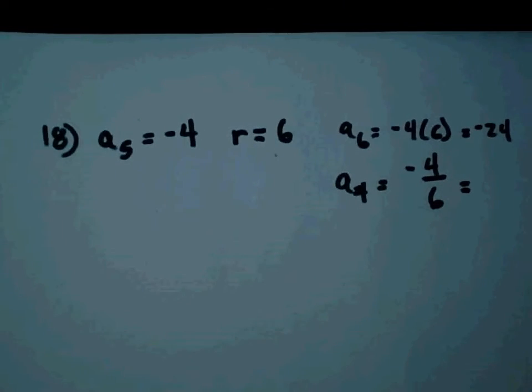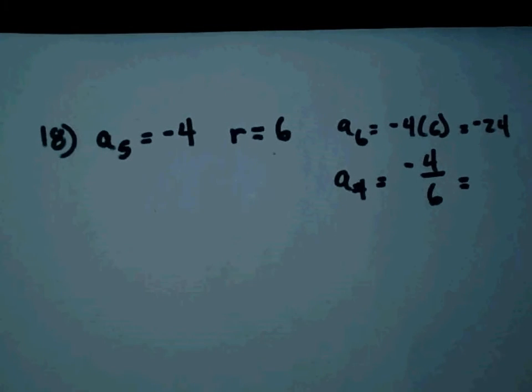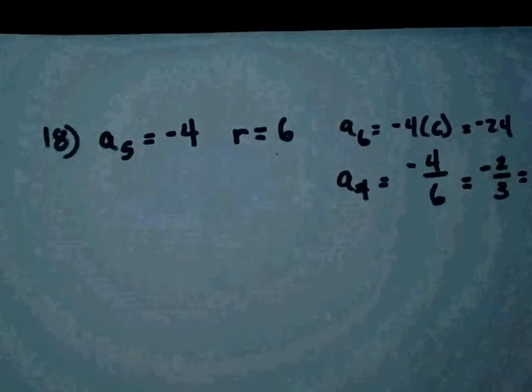What is -4 divided by 6? It's -2/3, or in your world of decimals, -0.666666667. So A4 equals -0.67.